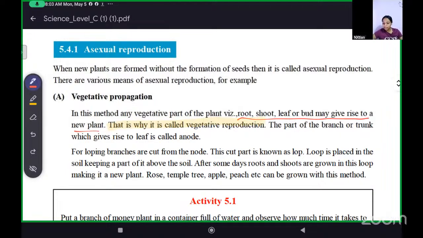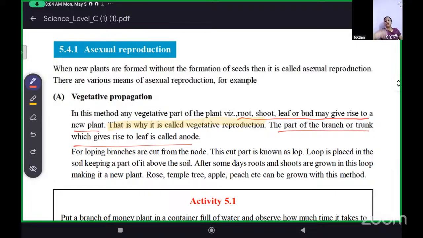The part of the branch or trunk which gives rise to the leaf is called a node. Looping branches are cut from the node. This cut part is known as a loop. The loop is placed in the soil, keeping a part of it above the soil.